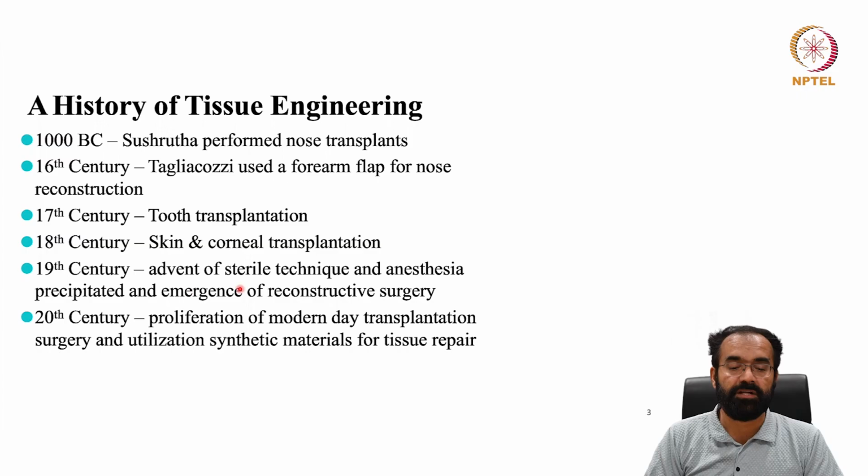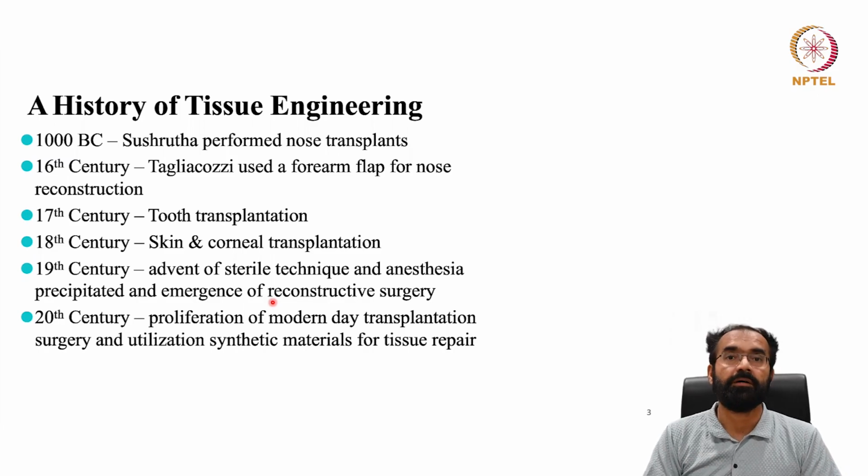And in the 19th century, the advent of sterile techniques and anesthesia precipitated an emergence of reconstructive surgery, because anesthesia is needed: if you want to operate, you have to create injury, so anesthesia is a must.